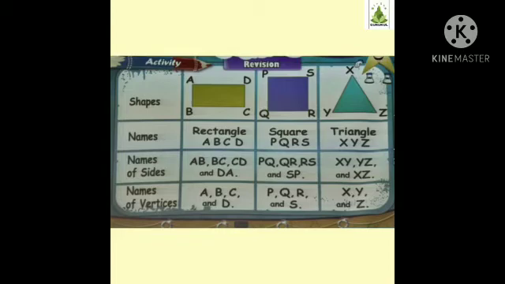Names of the sides are side AB, side BC, side CD, side DA. Names of the vertices are vertex A, vertex B, vertex C, and vertex D. In the same way, you have to practice square and triangle as shown here.